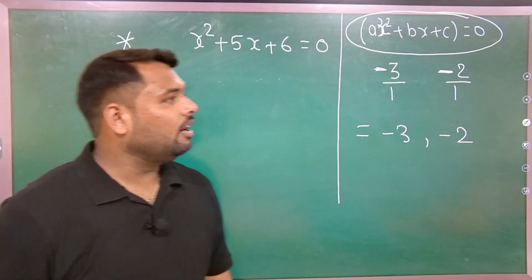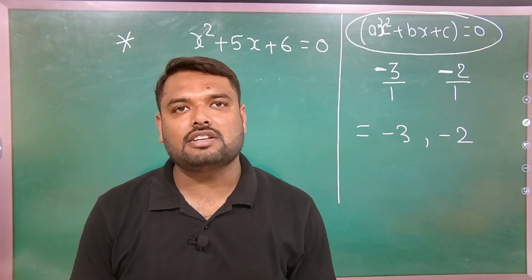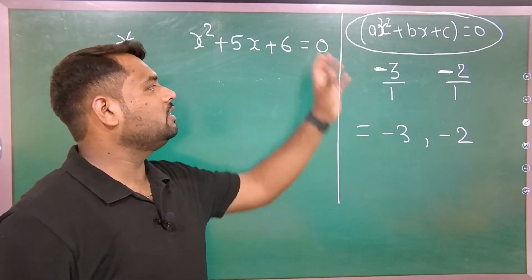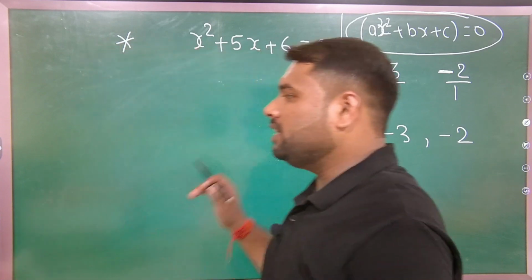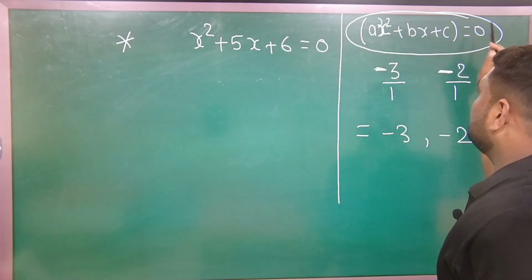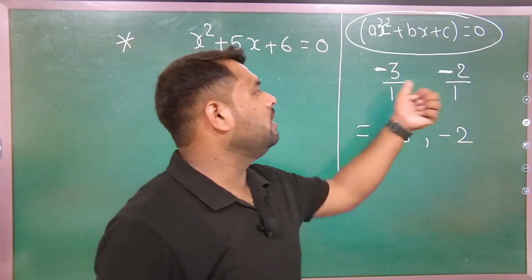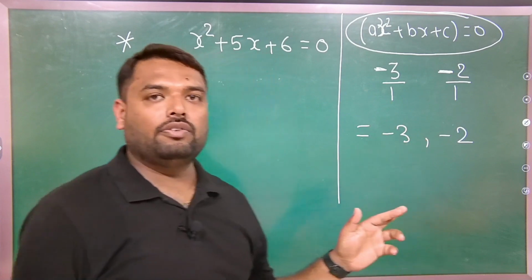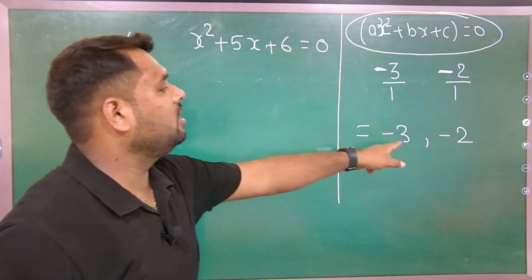Whenever you practice at least 100 to 200, 300 questions, then you will realize this is not a shortcut. This is the direct step. Just remember that whenever the ax square plus bx plus c form is there, both the roots will be negative. So write negative with both the roots and factorize 6 as 3 and 2.